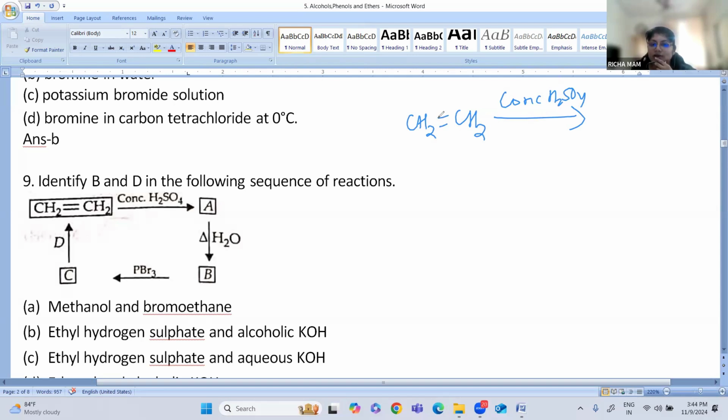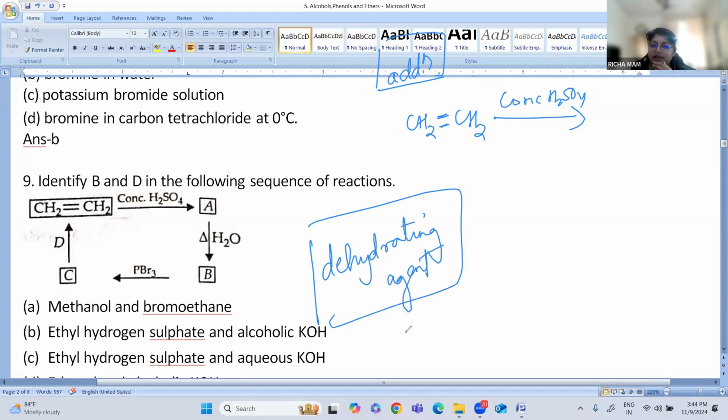Now here you have a double bond. So ethene, when you react it with concentrated H2SO4, undergoes an addition reaction. Concentrated H2SO4 is also called a dehydrating agent. Remember that.